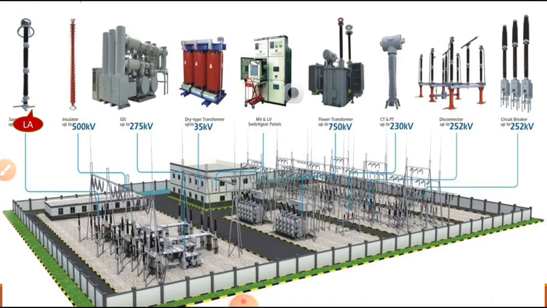Whenever the line comes from the generating station over a long distance to a receiving station near the borders of thickly populated metro cities, it has to receive that transmission energy through 400 kV or 765 kV lines. Before that, the first receiving equipment we use is the lightning arresters.